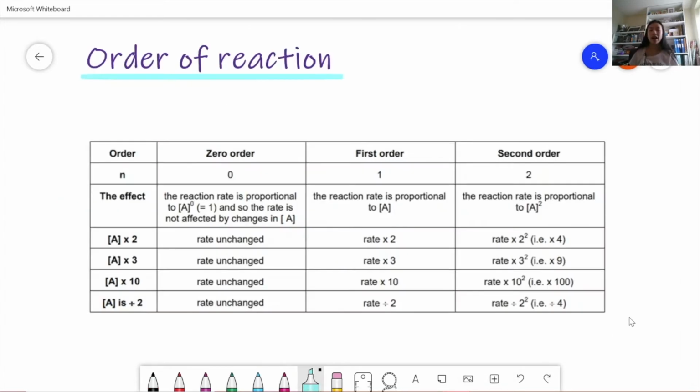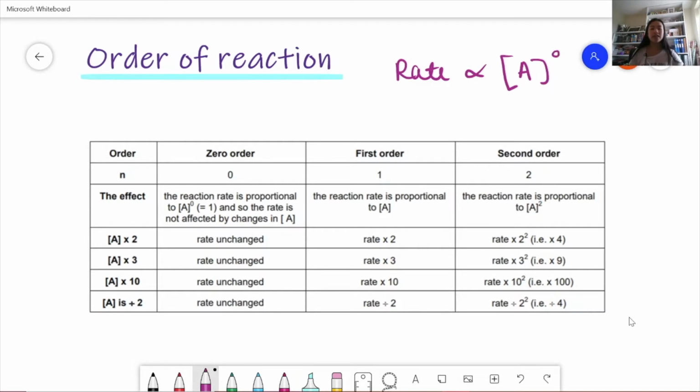Now I'm going to look at the order of reaction, but in a bit more detail. So the first row of this table is the order. So we have zero order, first order, second order. If we write out the relationship again, we have rate is directly proportional to the concentration of, let's call it A. For the first column, we have that n equals 0.